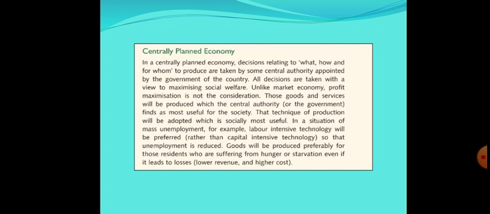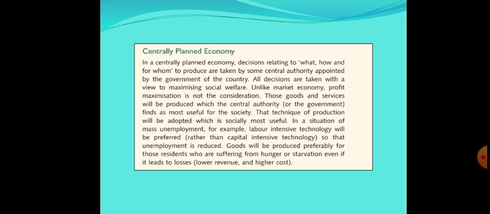In a centrally planned economy, the government dominates. Therefore, the problem of what to produce will be decided on the basis of social welfare. The government will decide to produce those goods and services that maximize social welfare. The problem of how to produce will be decided again on the basis of social welfare.